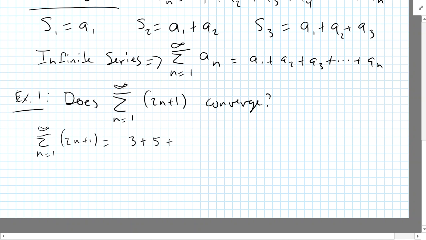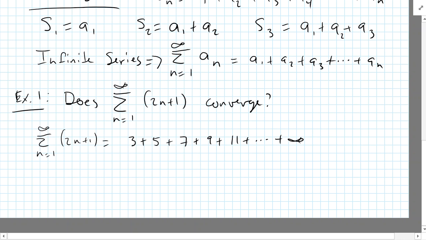And if you look at this, is this a line that has a y-intercept of 1 and a slope of 2? Well, that means that every time I increase my n by 1, I'm going to increase my output by 2. So it's just the odd numbers, starting at 3. And it's going to keep going, and it's eventually going to get to infinity.